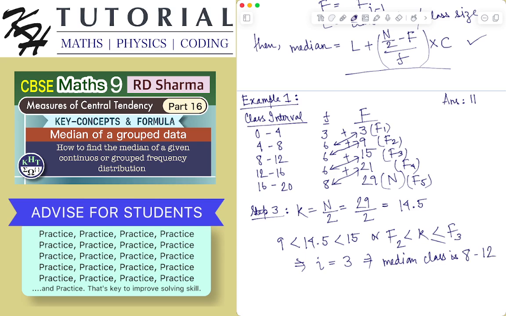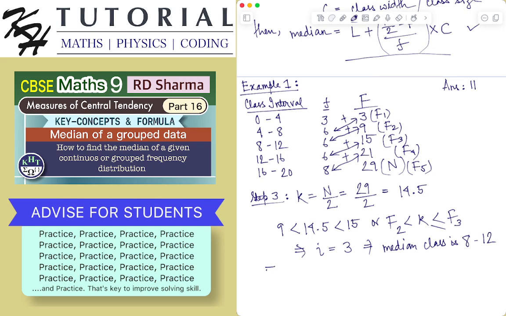Okay, so now clearly we can say the lower limit of the median class is 8. And what is C? C is the class width, which is the difference of upper limit and lower limit of every class interval. So clearly we can see it is 4. And what is capital F? Capital F will be F2, since i was 3.